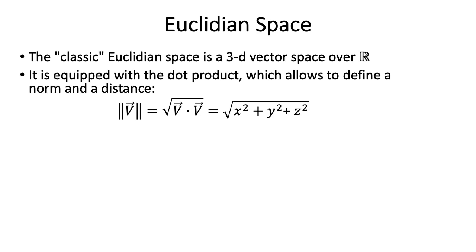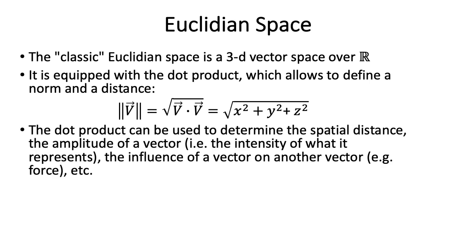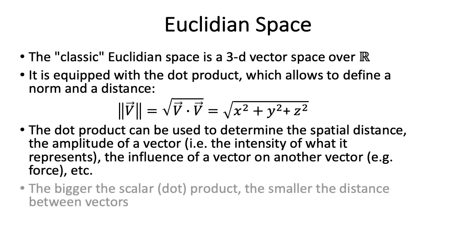The distance will be the norm of the difference between two vectors. And therefore, the dot product in the Euclidean space can be used to determine spatial distances, or, of course, the amplitude of a vector. That could mean the intensity of what it represents, or measure the influence of a force on another force. Now, what we have to remember is that the bigger the scalar product or the dot product is, the smaller the distance between the vectors is. And that's very key, as we'll see in a few minutes.